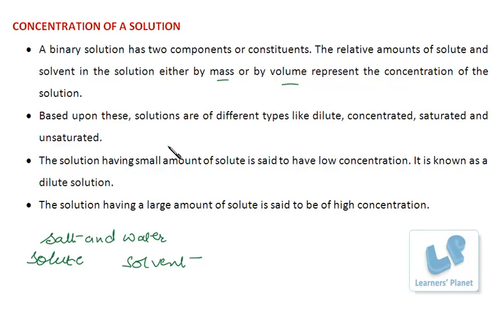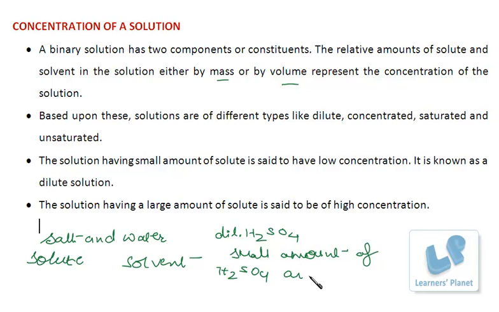Say a dilute solution, we talk of dilute H2SO4. Dilute H2SO4, what does it mean? It is a very small amount of H2SO4 dissolved in a large amount of water.